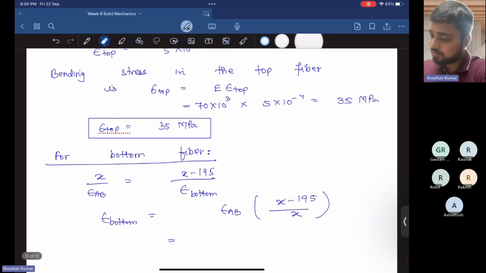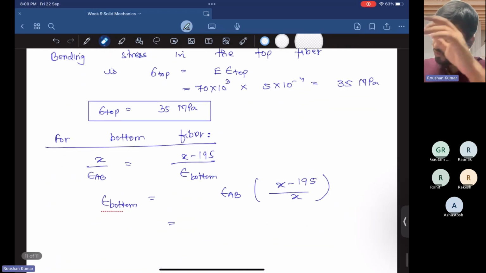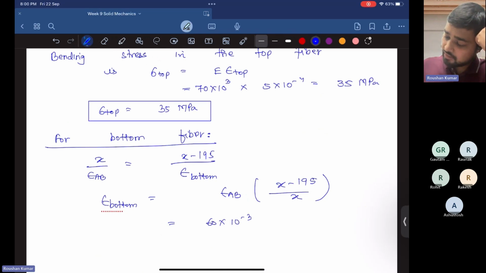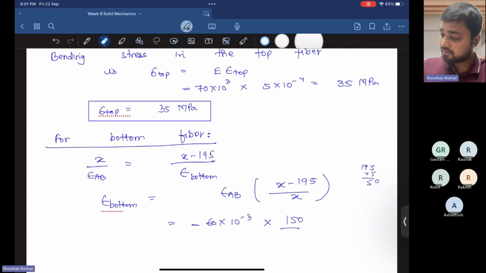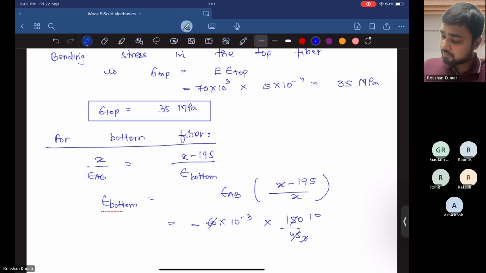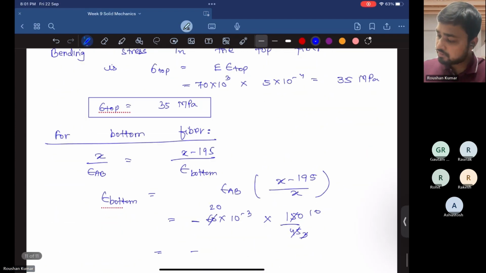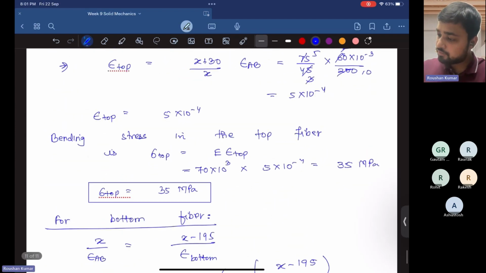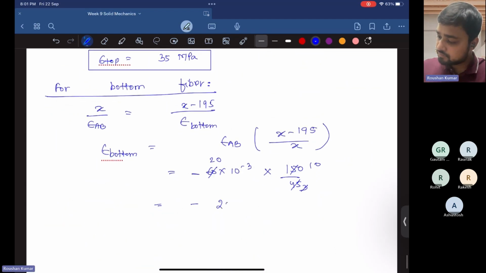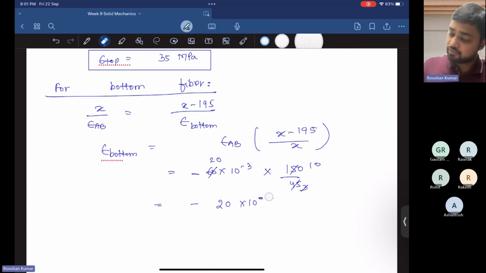Epsilon AB is already given in the question, 60 into 10 to the power minus 3, into 45 minus 195, that is 150, upon x. What is x? 45. That is minus 20 into 10 to the power minus 2.